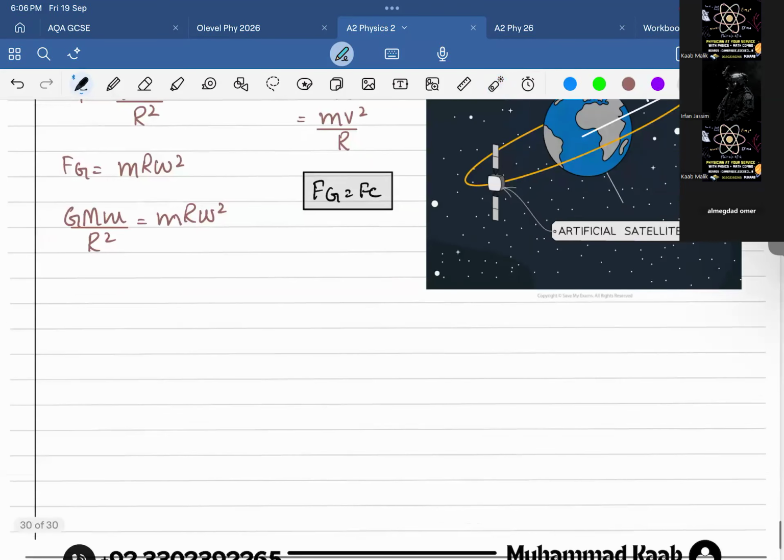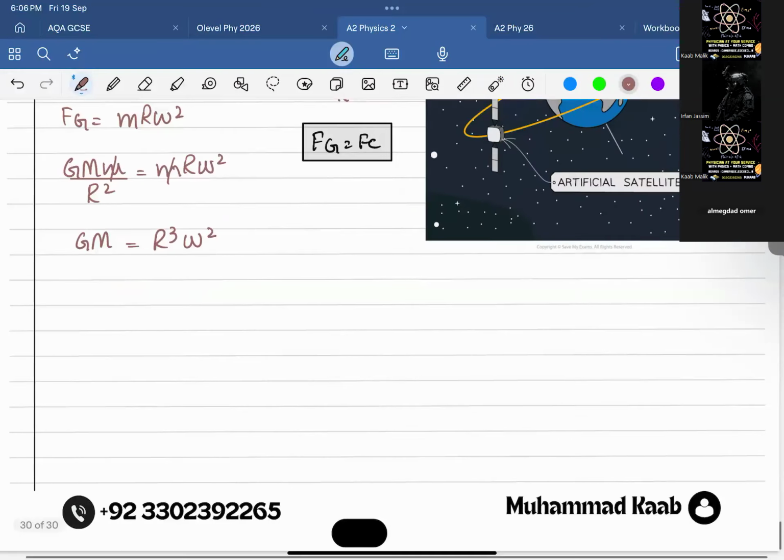Now, coming back to the equation, it becomes GM equals r cubed omega squared. Then you can expand omega.